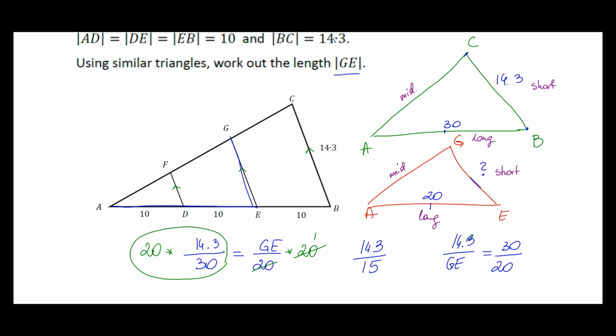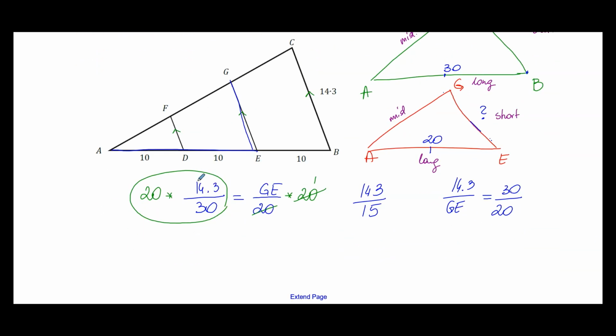I could turn those fractions upside down, and that will be true as well. Or I could turn this one upside down, and that will be true as well. So in this particular example I have four different options for building the ratio. The main idea is corresponding sides.